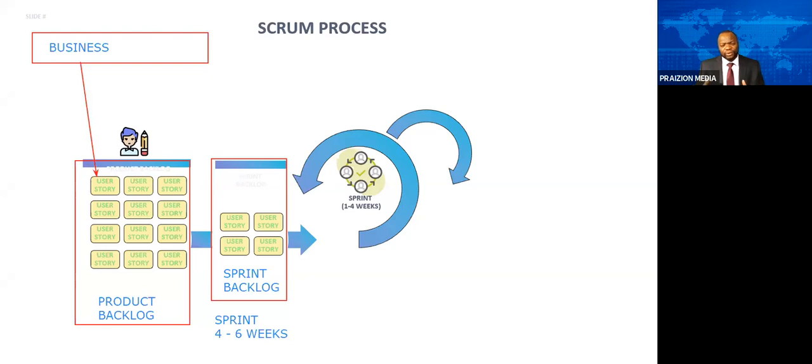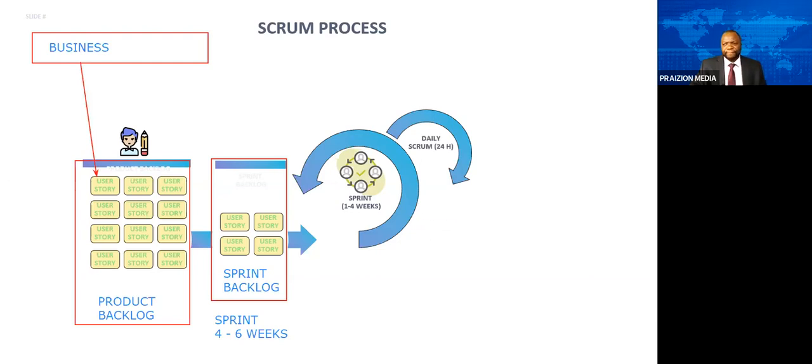But we could also have a flow-based approach. And in a flow-based approach, we could have variation in your sprint time box. So keep that in mind. But typically, we want to time box it to be the same. Every sprint is going to be 2 weeks or 4 weeks or 1 week, however long. And the idea is that in multiple sprints, we will cover all the work in the backlog.